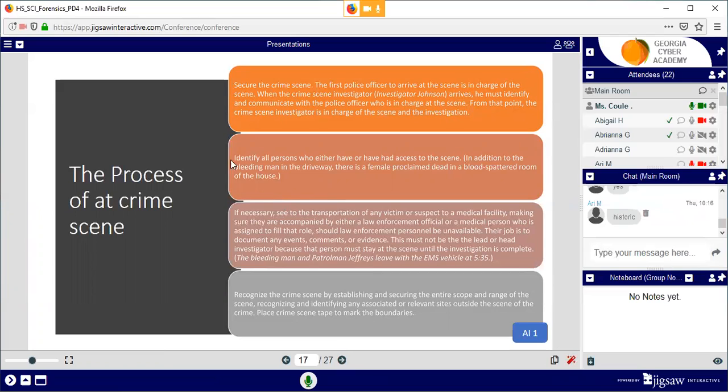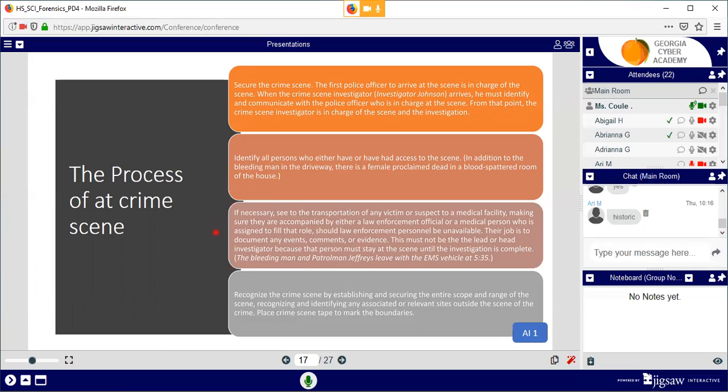Yay, history. Okay, I'm not going to read all of this, but if you need to take snips of this, you can. Just to review quickly, remember that the first step at a crime scene is to secure the crime scene, and the police officer does this. Then we identify all the people who have had access to the crime scene.